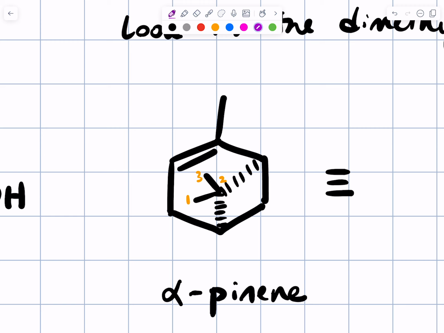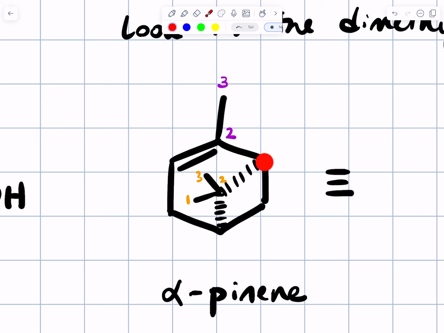Now we can identify the purple isoprene unit's methyl group there, and that's carbon 2. Now again, we're going to have a choice to make. We're going to need to choose which of these two is carbon 4.